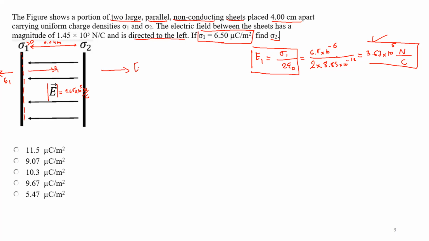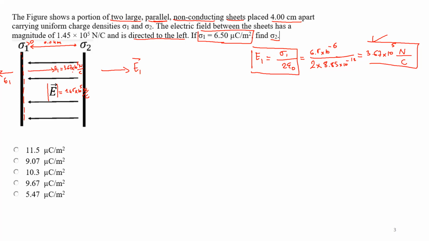This is E1. The direction is away from my positively charged non-conducting sheet. And again, the magnitude of E1 here is 3.67 × 10^5 newtons per coulomb. Good.